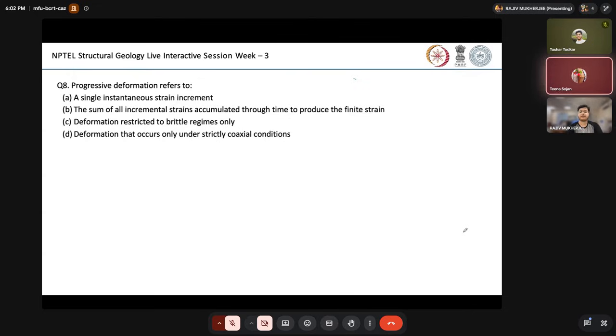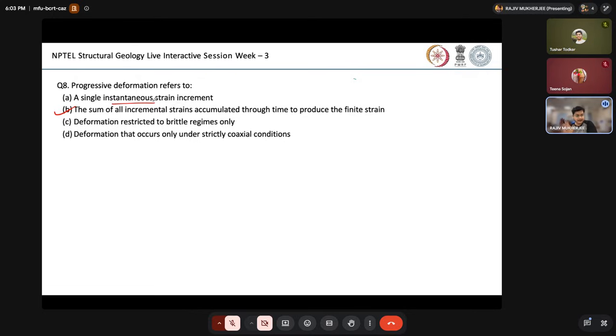Option B. Yes, option B is the correct answer. It is the sum of every instantaneous strain. So this is just one single snapshot. If you continuously put together the series of snapshots that entails the entire history of strain, if you look at them all together, that will be the progressive deformation.